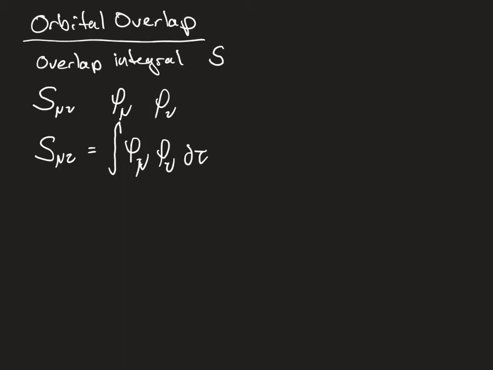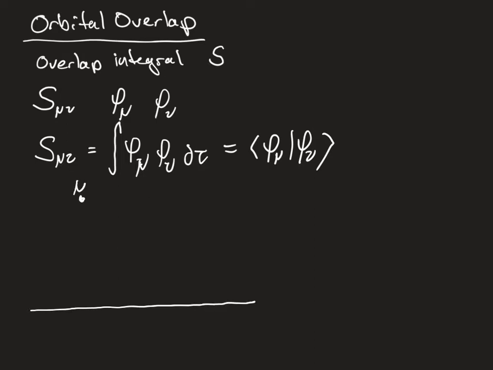this integral of these two functions over all space, which in bracket notation looks like that. So let's just draw out what we mean by this overlap integral by looking at two S functions. So we're going to draw this out as a two-dimensional function first. We're going to put nucleus mu here and nucleus nu here.